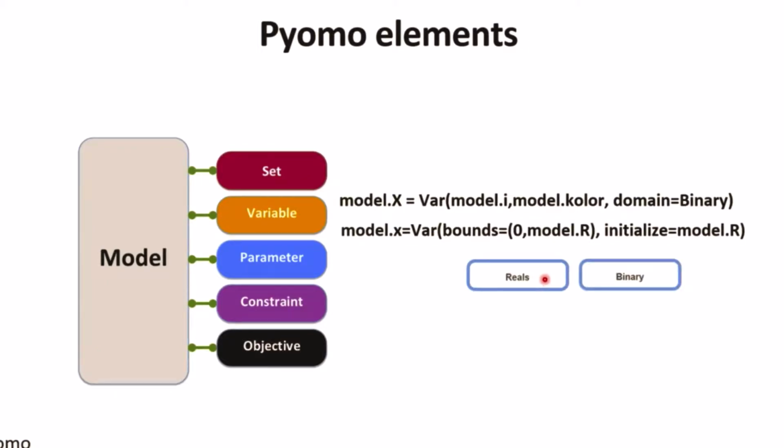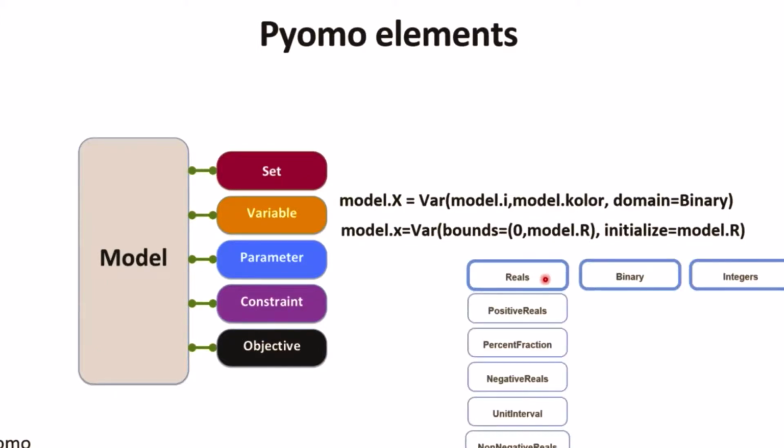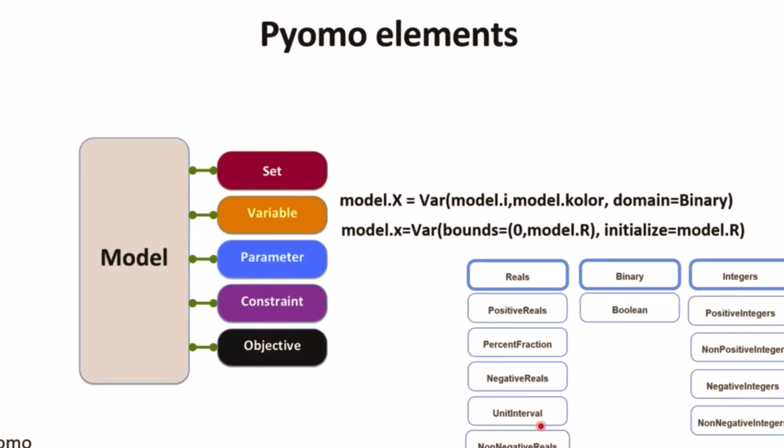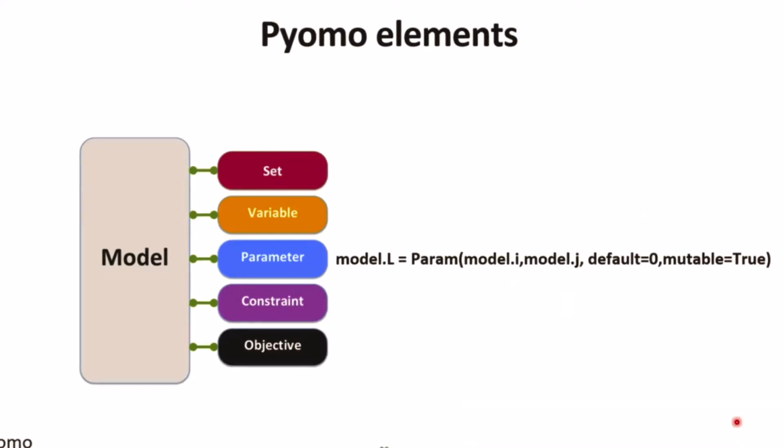It can be real, or if it's real, it can be positive real, percent fraction, something real between 0 and 1, negative real, unit interval, the same as 0 to 1, or non-negative reals. Or it can be binary, boolean, positive integer, non-positive integer, negative integer, and non-negative integer. These are the different types of variables that you can have in a Pyomo code.